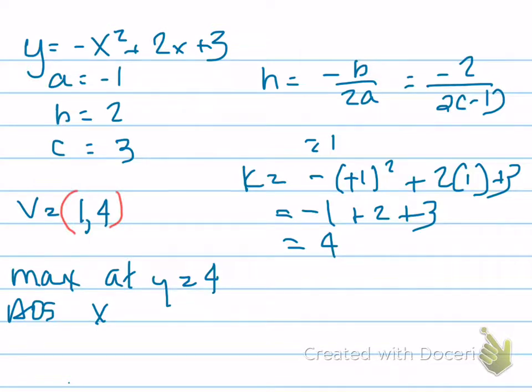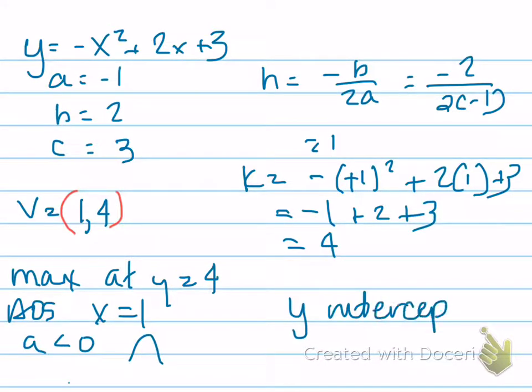Maximum at y is equal to 4, and we know that because we can tell that it's going to be opening downward. We know our y-intercept is going to be at 3. You can see that it's just a matter of identifying a, b, and c, and then you plug them in, and then you start drawing your conclusions.